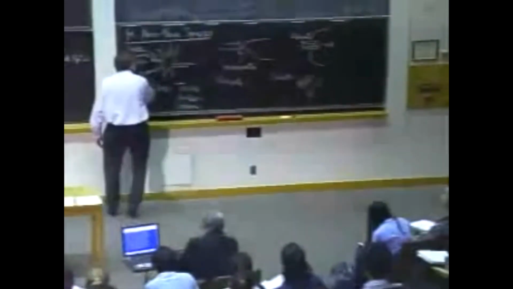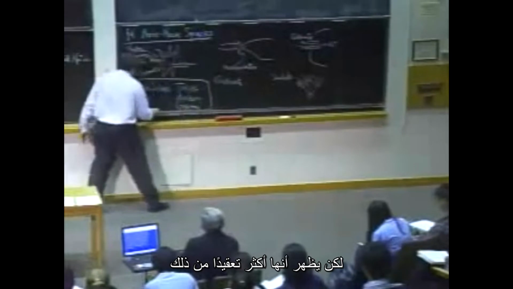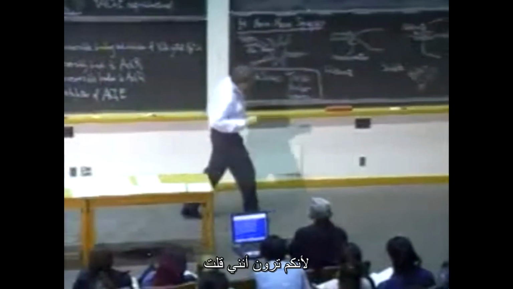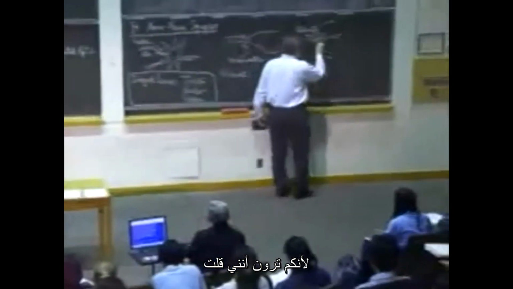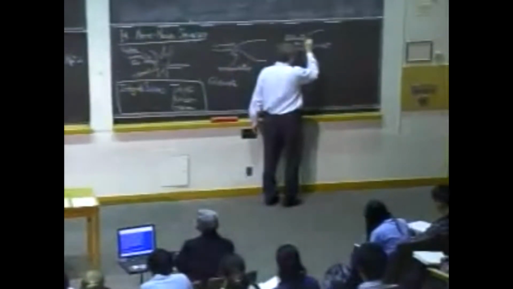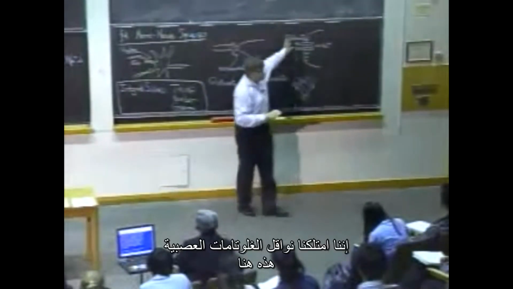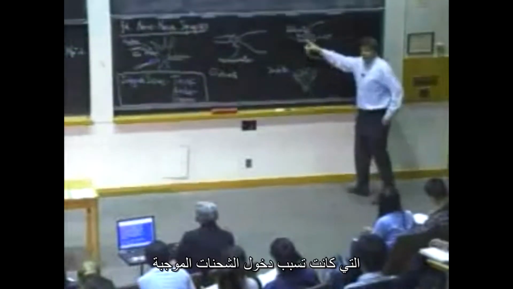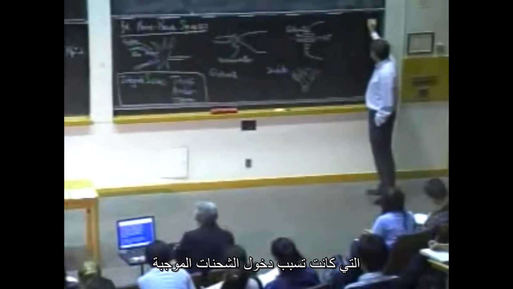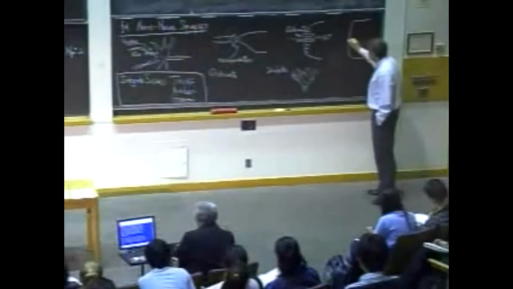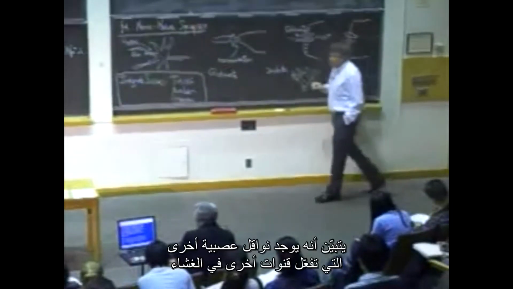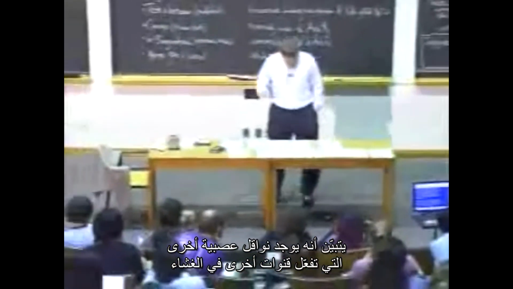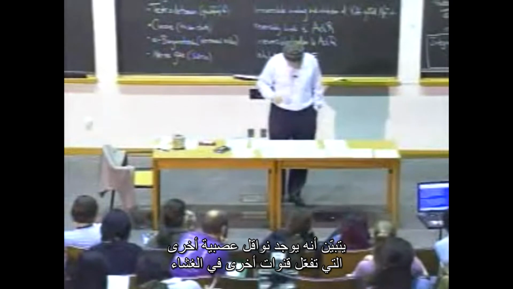But it turns out it's more complex than that. Because, you see, I said that we had these, say, glutamate neurotransmitters here that were causing positive charges to rush in. It turns out there are other neurotransmitters that activate other channels in the membrane.